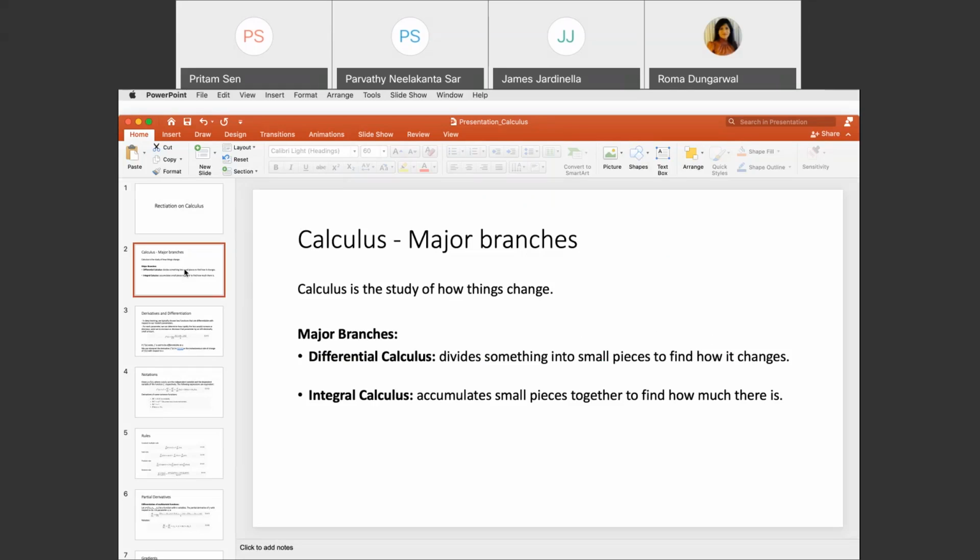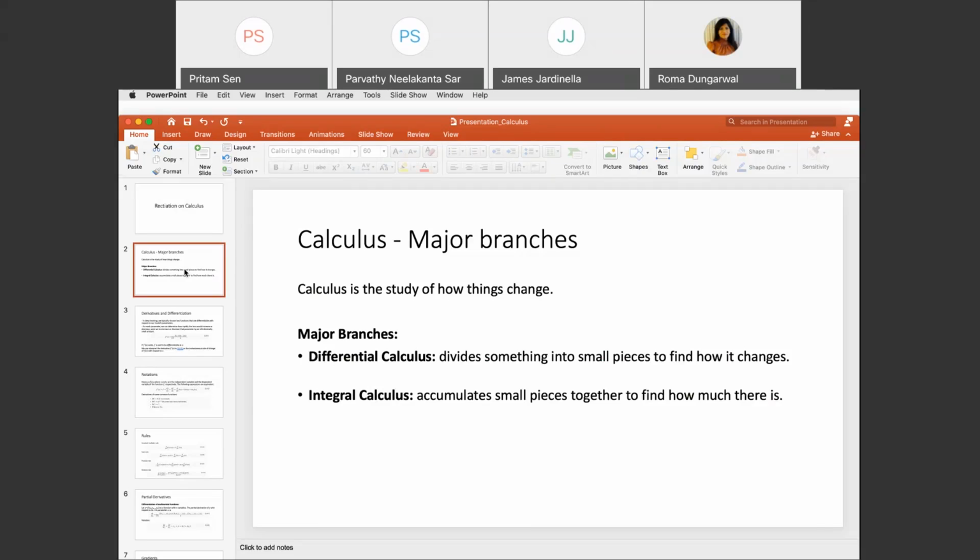It accumulates the small pieces and together they make the sum. For example, integral calculus is used to find the area under a curve. The curve is divided into many small pieces, and for small pieces we get the area, and it sums up to the total area of the shape.